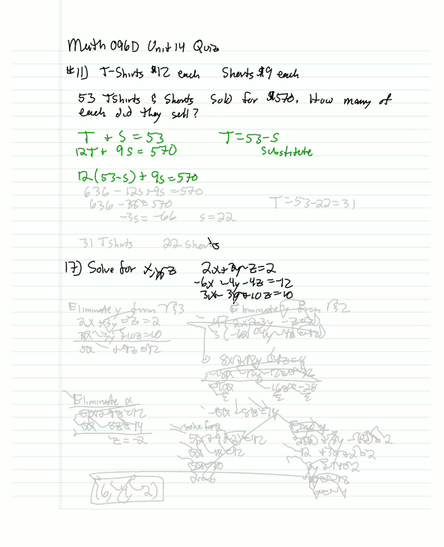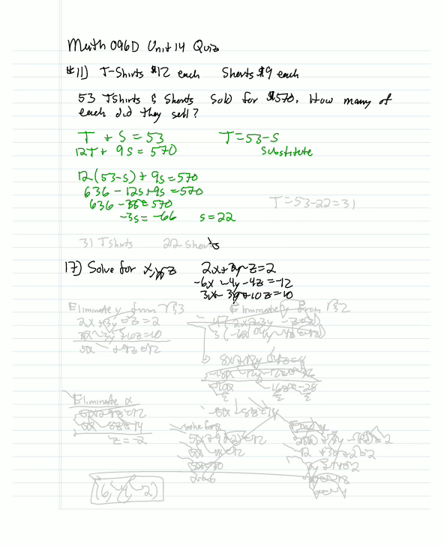If you multiply that through, that's 636 minus 12S plus 9S equals 570. So 636 minus 3S equals 570. So negative 3S equals negative 66, and S equals 22.